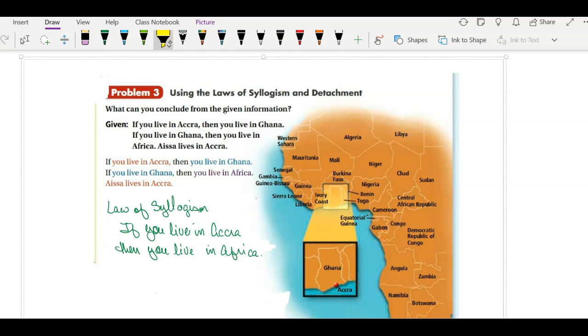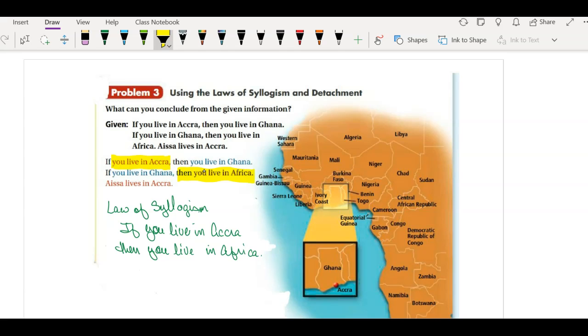So remember, the law of syllogism says we can take these two statements, because you live in Ghana is our conclusion here, and it's our hypothesis here. So we can say if you live in Accra, then you live in Africa.